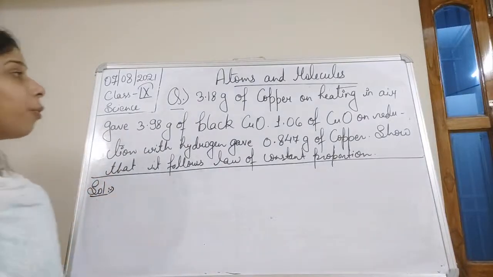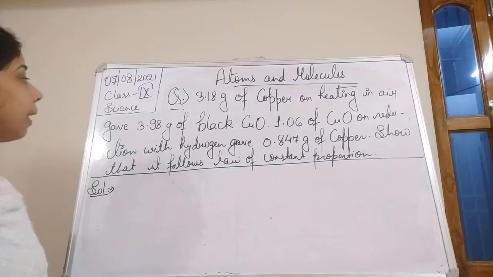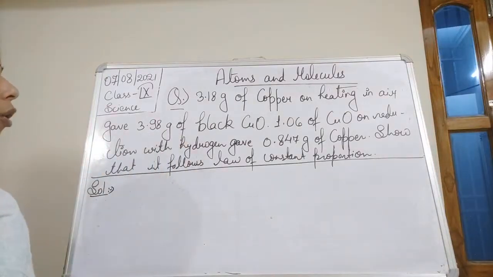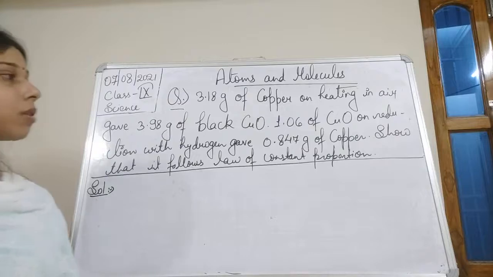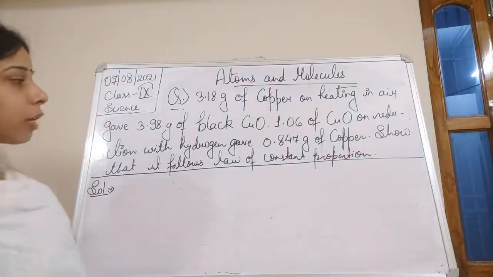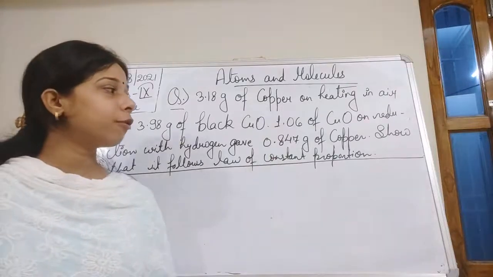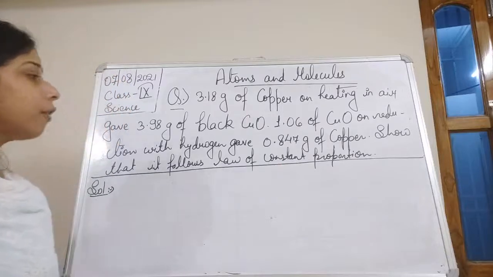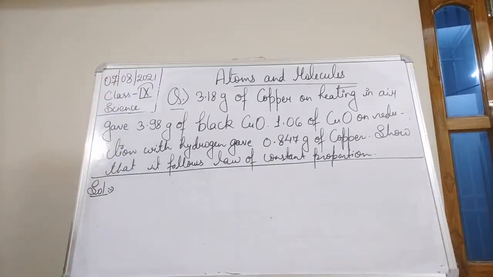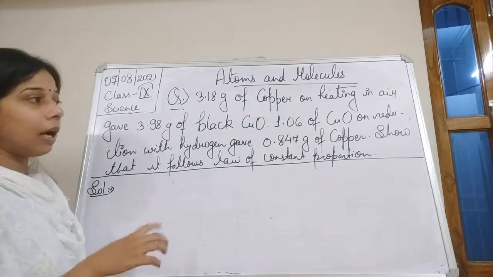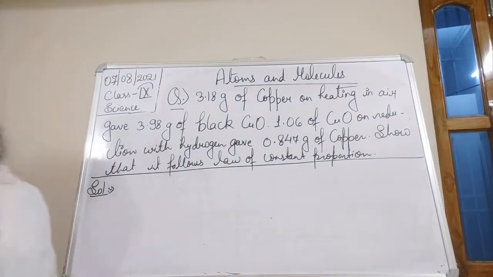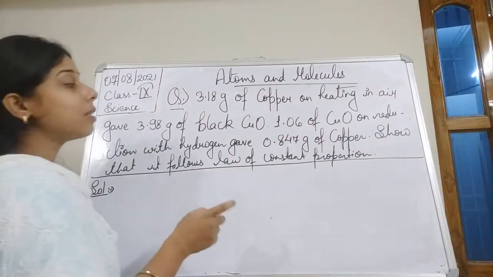Okay, so 3.18 gram of copper on heating in air gives 3.98 gram of black copper oxide. 1.06 of copper oxide on reduction with hydrogen gas gives 0.847 gram of copper. Show that it follows the law of constant proportion. So here in the first experiment, we will find the percentage of copper in the oxide, and then the percentage of oxygen.